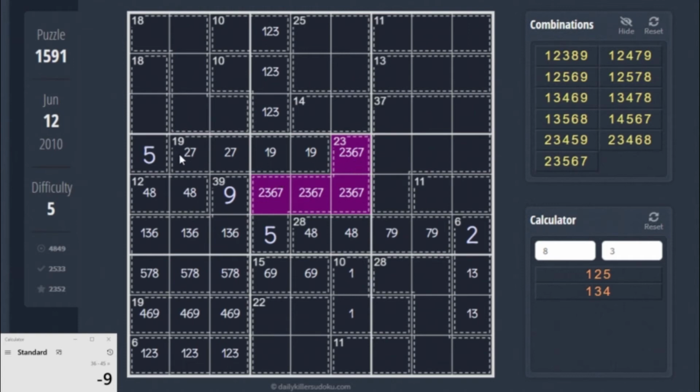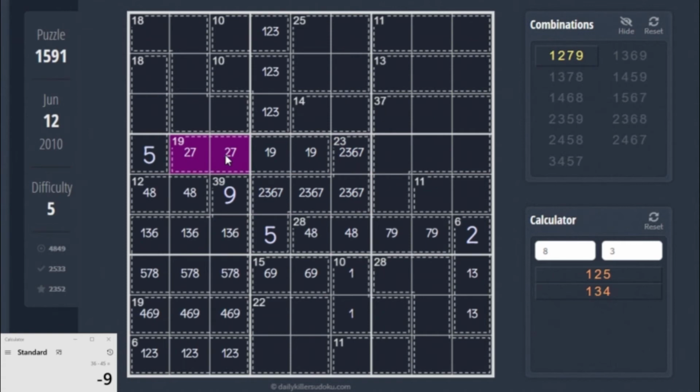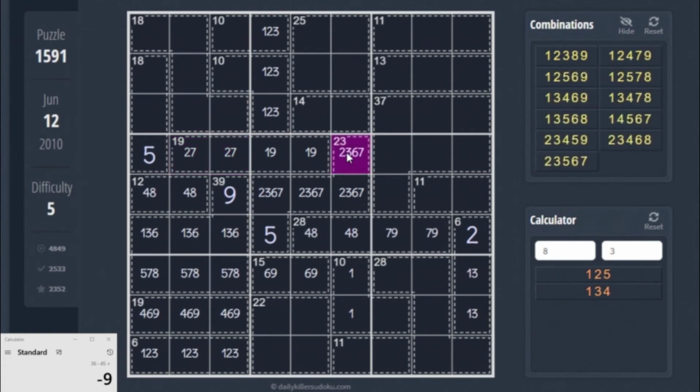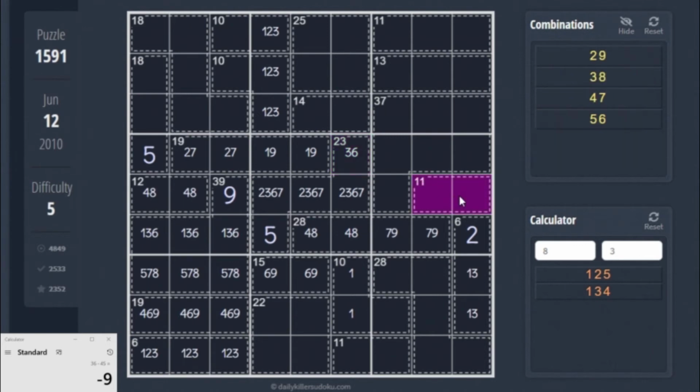What else can we do? So we got 2, 7 here, it's a fixed place, so we can get rid of 2 and 7 from here. And then what else? 4, 8, 6. We don't have much, so let's go to this cage 11.